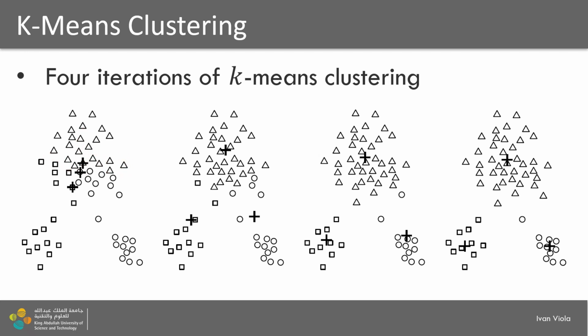And we can see that at this position, none of these centroids are really in the center of gravity of its points. So what will happen, for example, is that this point will calculate the center of gravity for all its points, and it will move somewhere here, because this will become the center of gravity, as we can see here.